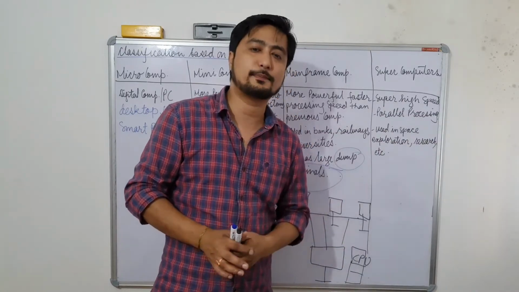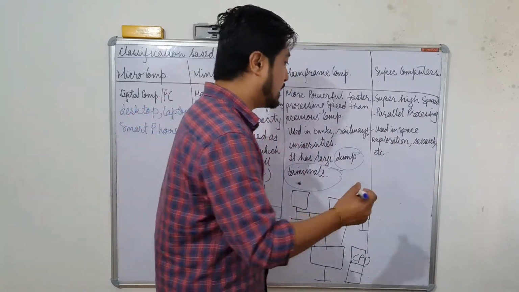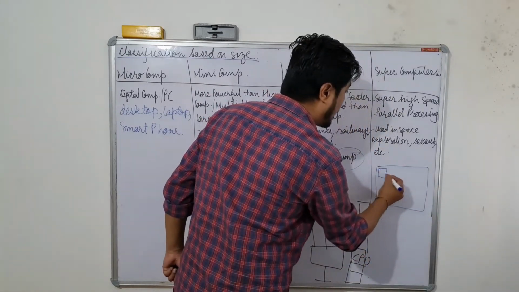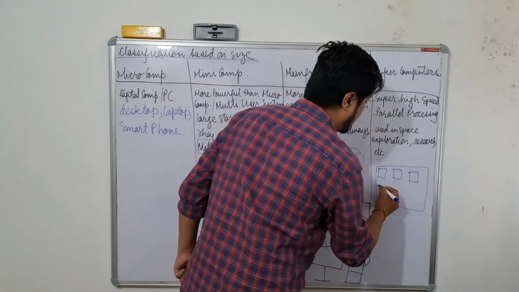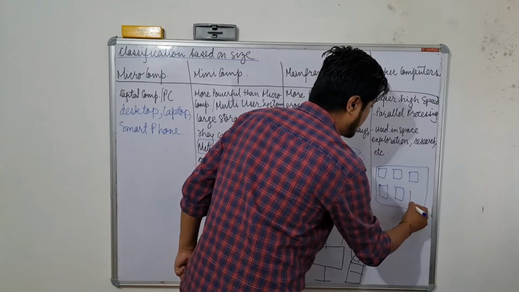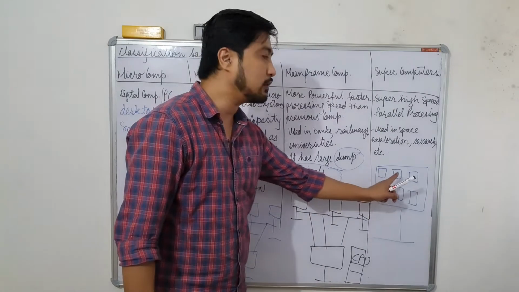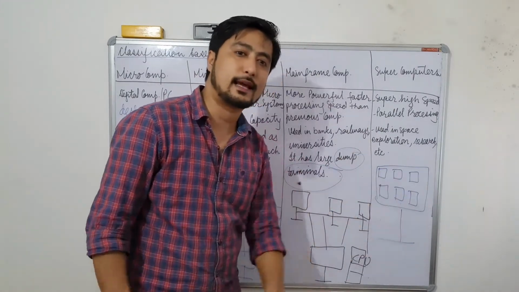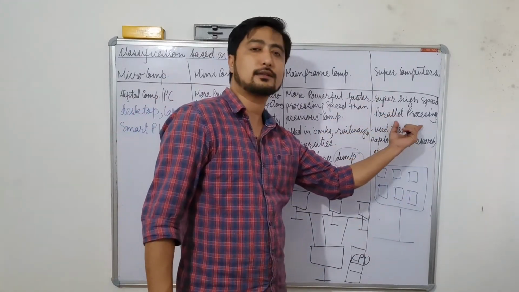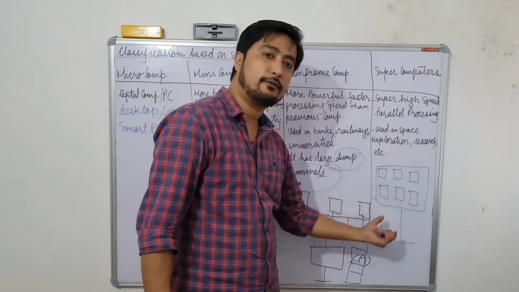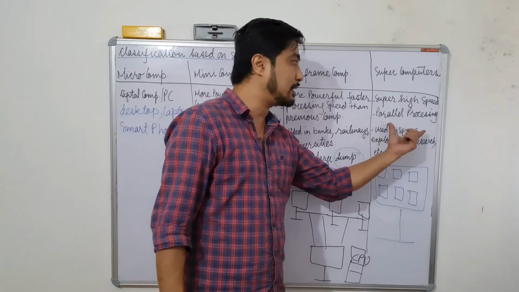Now what is this parallel processing system? It means in one supercomputer there are many CPUs, and all these CPUs work at the same time, and that is known as parallel processing. That means many CPUs are doing different processing at the same time.